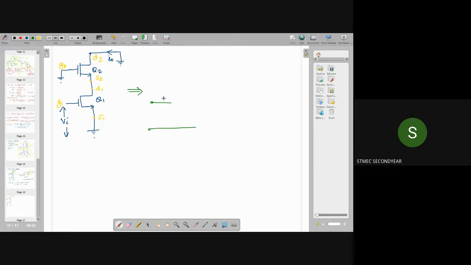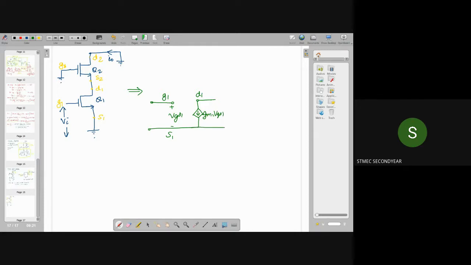Here this is the gate 1 terminal, and for the small signal equivalent circuit of the MOSFET, this will be VGS1, right? And this is source 1, this is gate 1, this is VGS1, and here I can draw the drain 1. Between drain and source, we will have gm1 into VGS1, right?